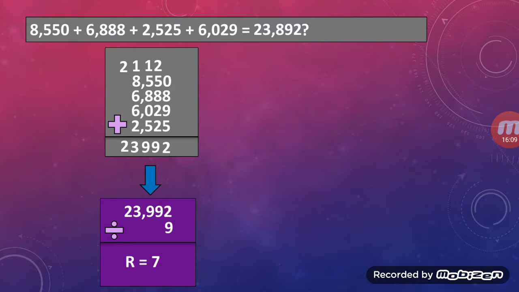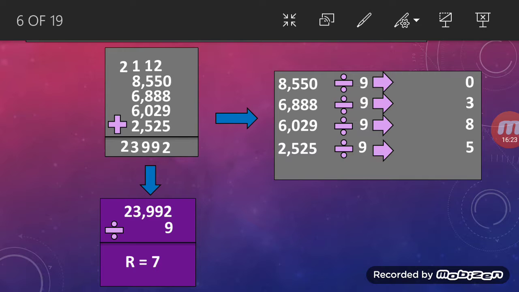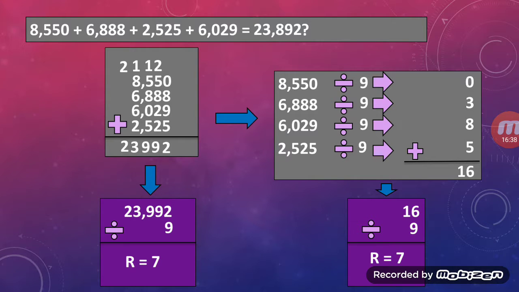So, going across, we will divide each individual number by 9 once again, which will give us 0, 3, 8, and 5 respectively. Once again, we're going to add all of these remainder numbers together, which gives us 16. Bringing down again, we're going to divide 16 by 9, which gives us whatever answer it is, with the remainder of 7.